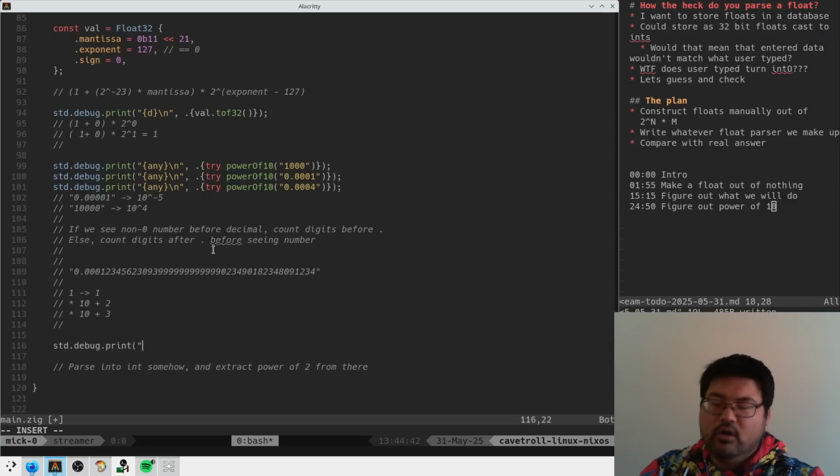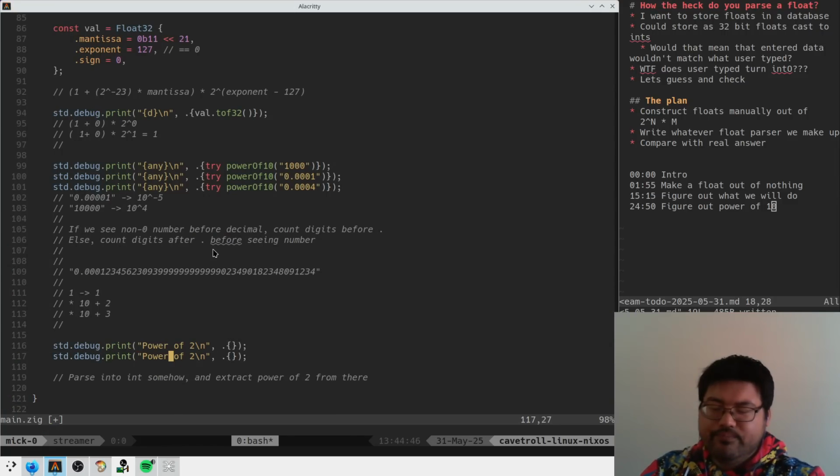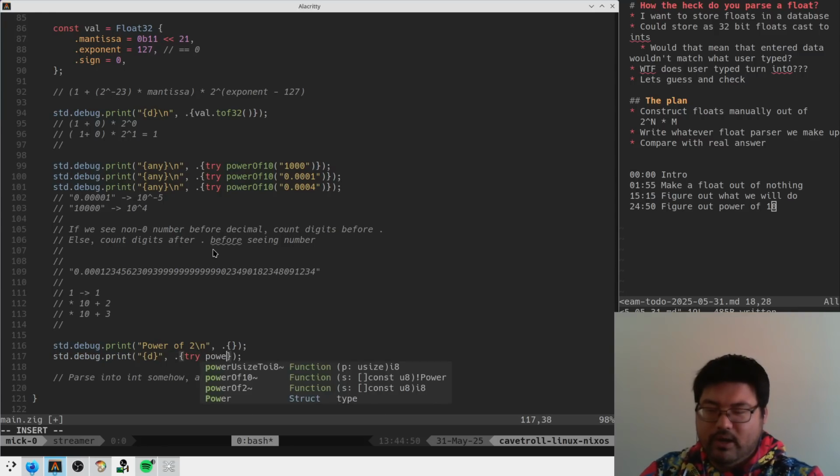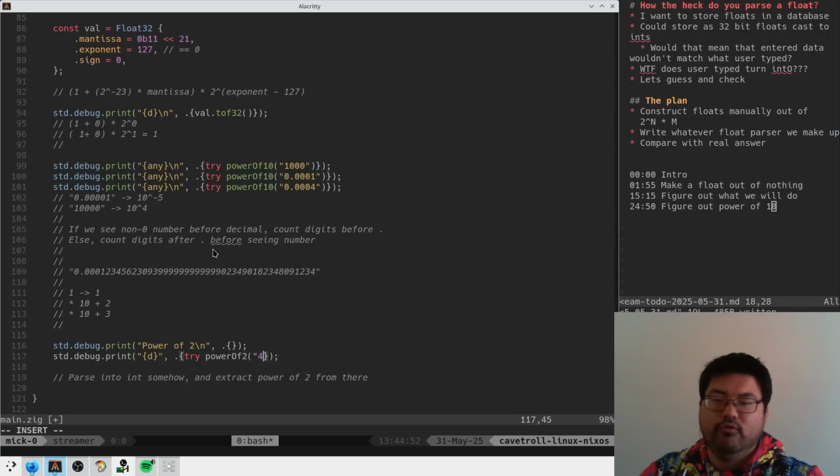Let's put a little break in here and try power of 2 on 4. This should give us power of 10 is 0 plus log 2 of 4, so this should give us 2.